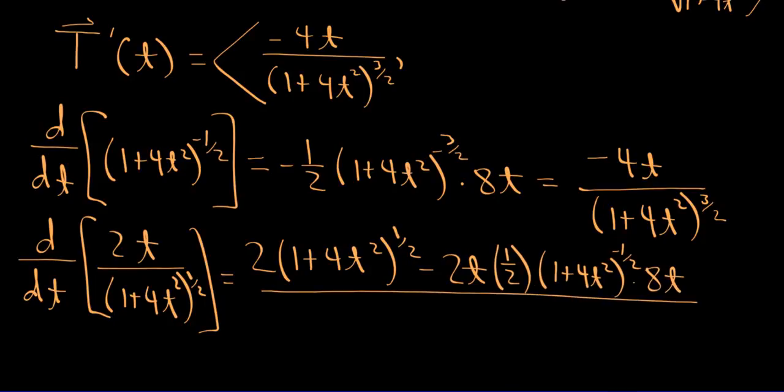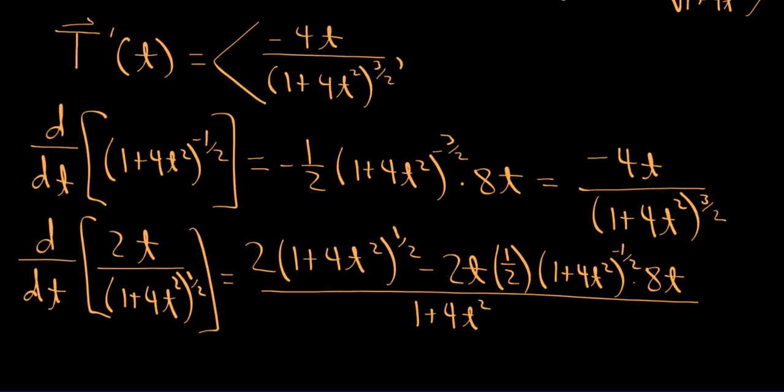All over this bottom squared, which is 1 plus 4t squared. Okay. Does anyone see any mistakes I made? You got to be careful differentiating. Keep your head on a swivel. A lot of things can go wrong, right? Any questions about that?